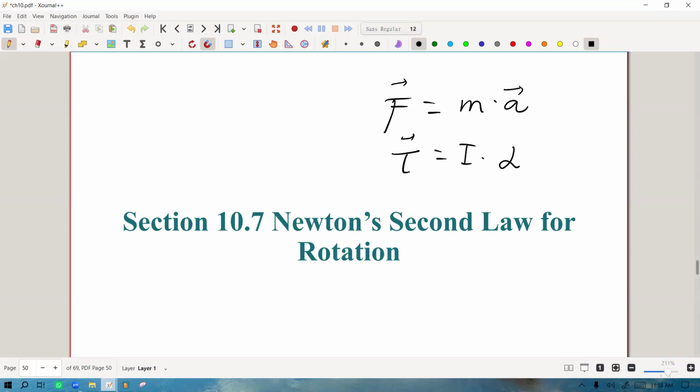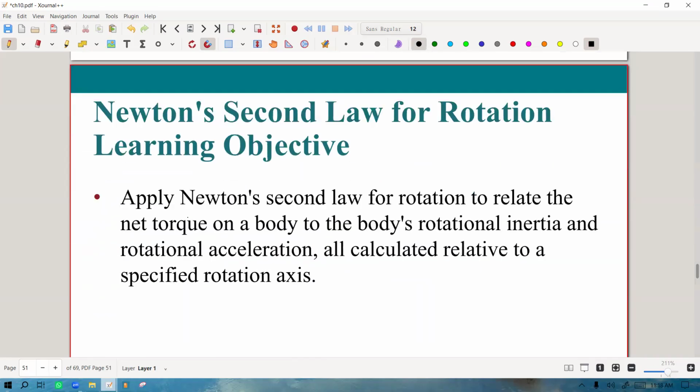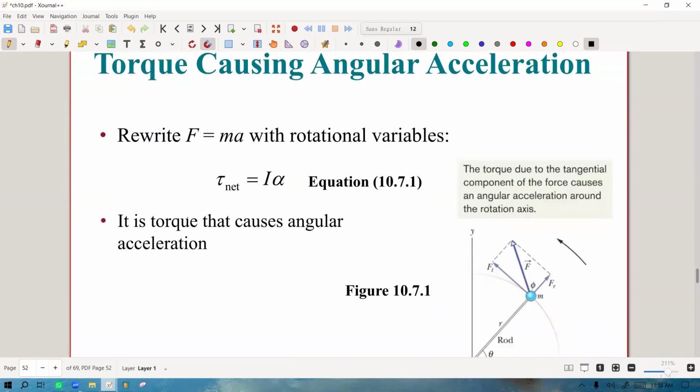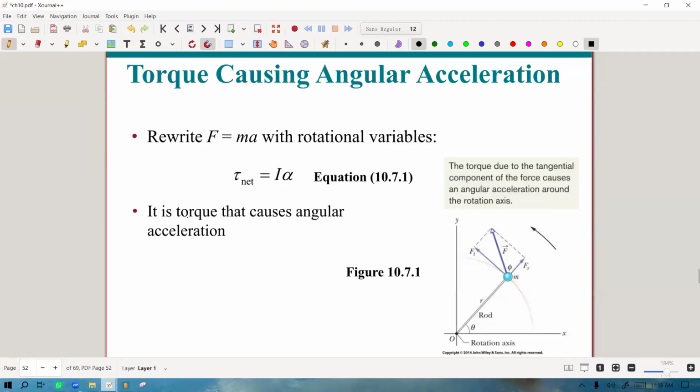I is the inertia and alpha is angular acceleration. Later we will see the relation. So torque causes angular acceleration: we write F equals ma with rotation variables, and then tau is I times alpha. It is torque that causes angular acceleration.